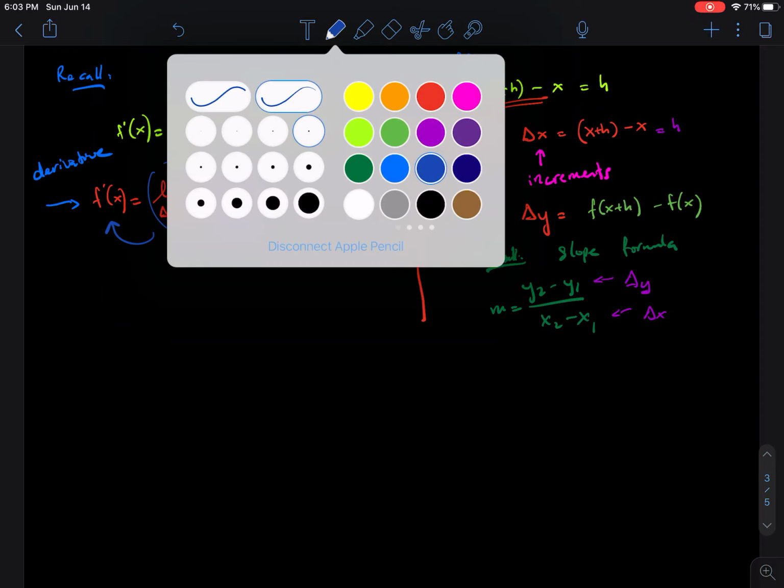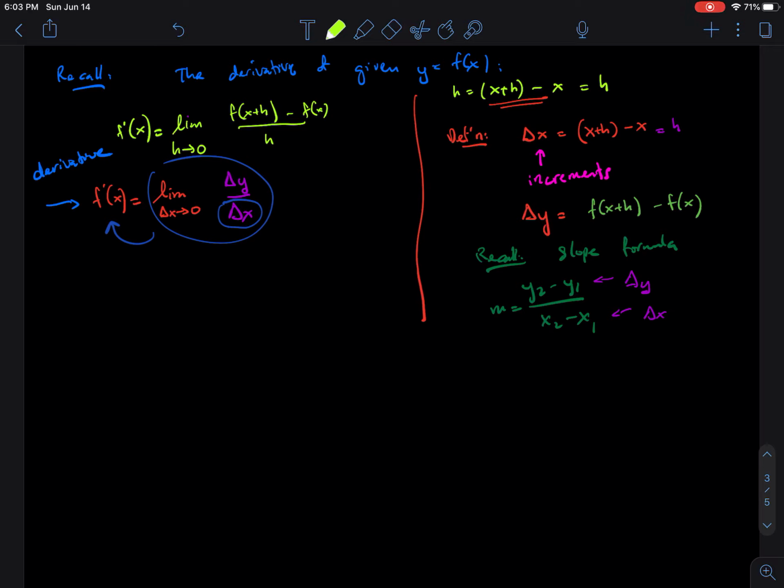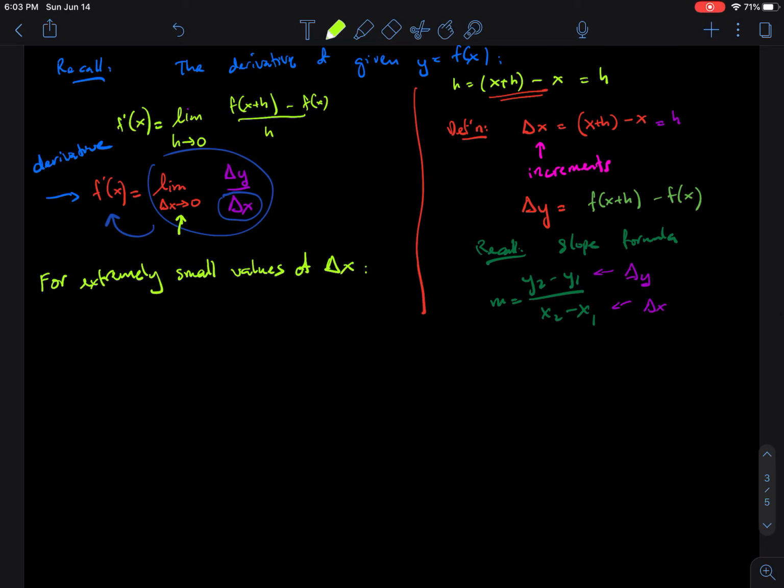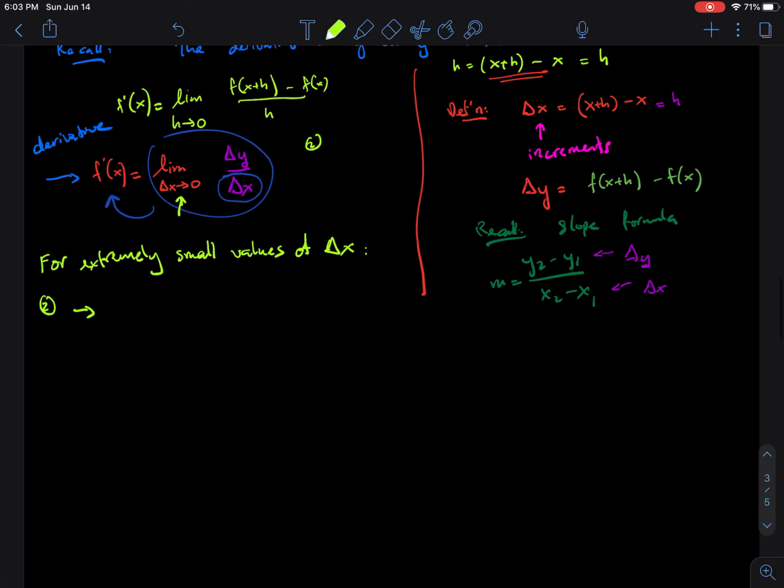From there, we can say that for extremely small values of delta x, call this formula 2, if we suppose an extremely small value of delta x, then that formula becomes this here.